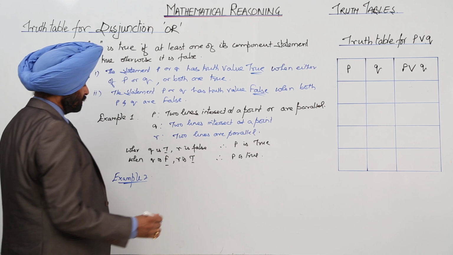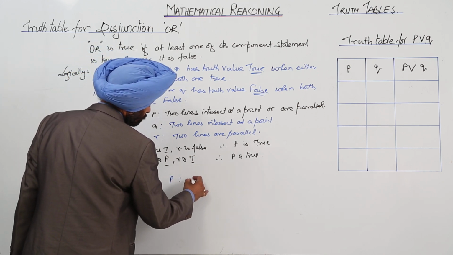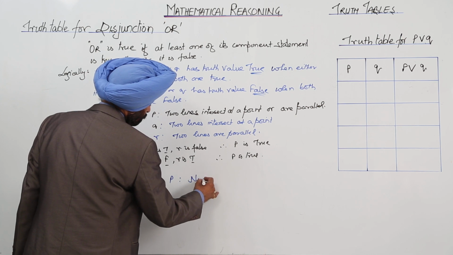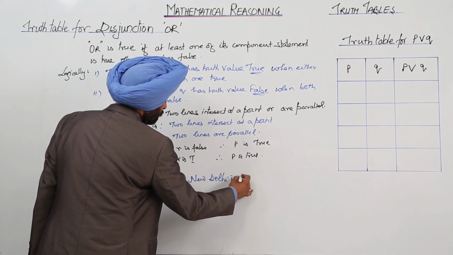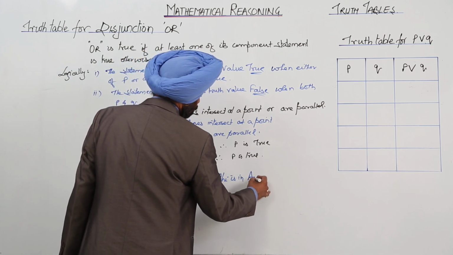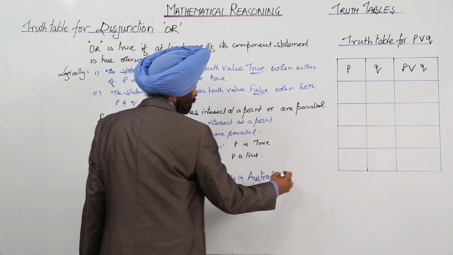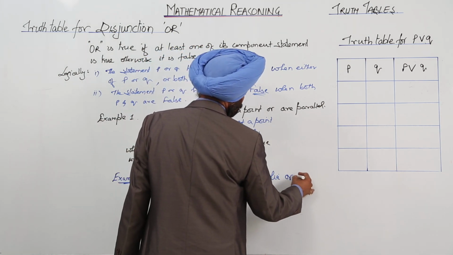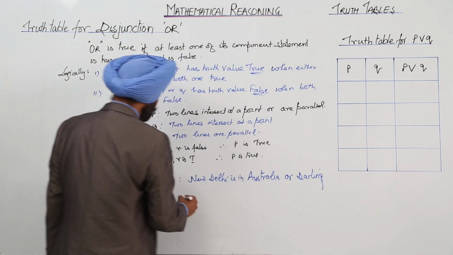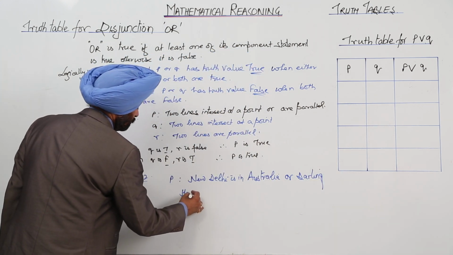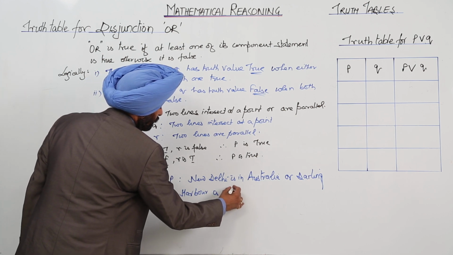Now let's go for another example. Now example 2 is the compound statement P: New Delhi is in Australia, or Darling Harbour is in Mumbai.